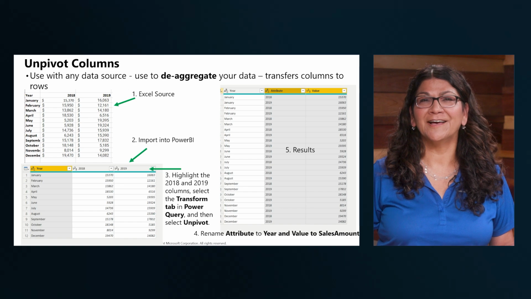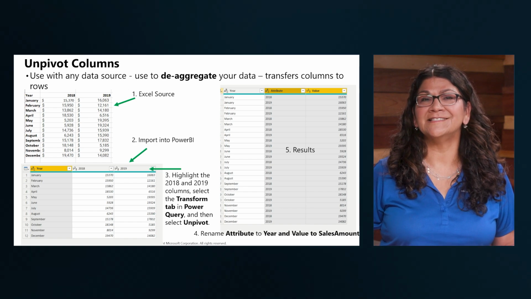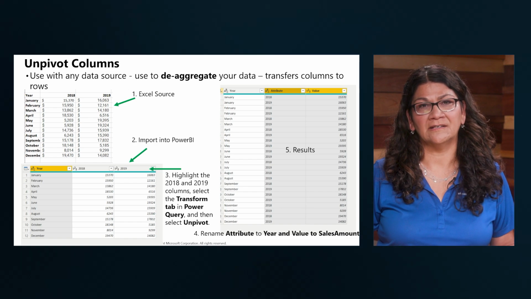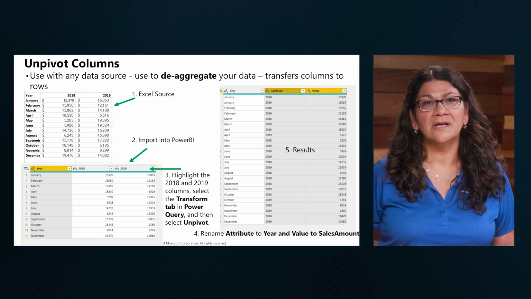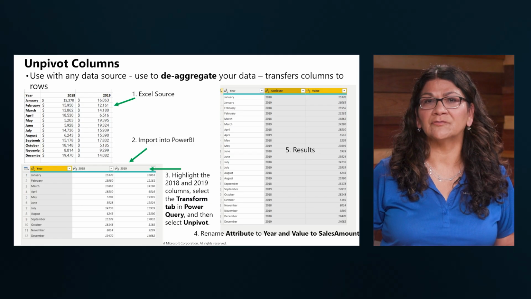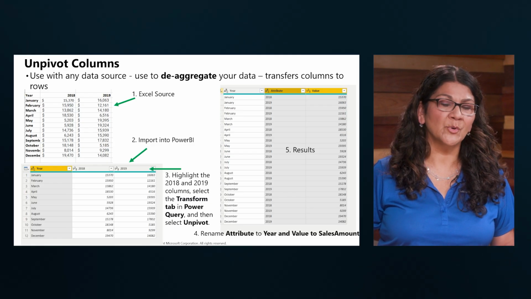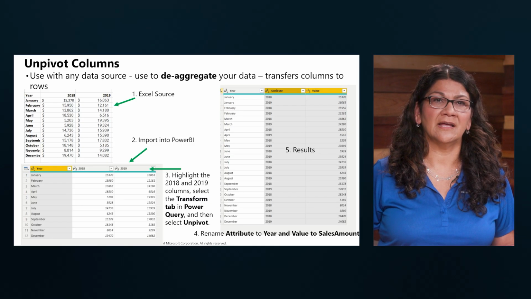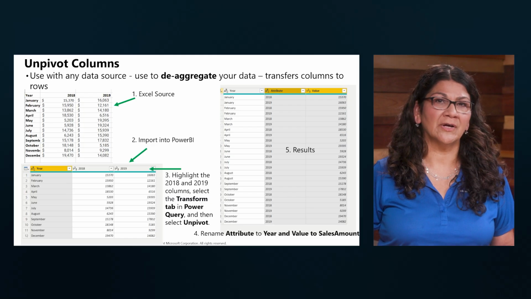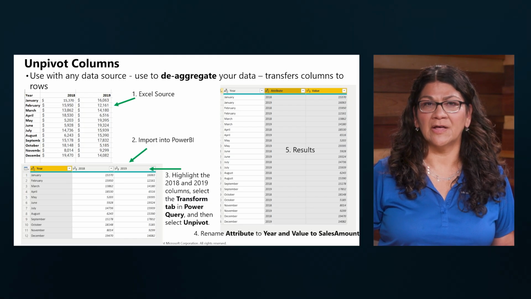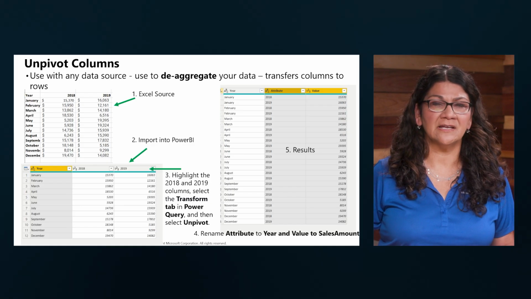By contrast, unpivot columns is deaggregating our data and transferring columns to rows. Notice our source here from Excel that has been imported into Power BI, with the fields year, 2018, and 2019. We have 12 records, 1 for each month, and the dollar amount for each year, 2018 and 2019, in each record.